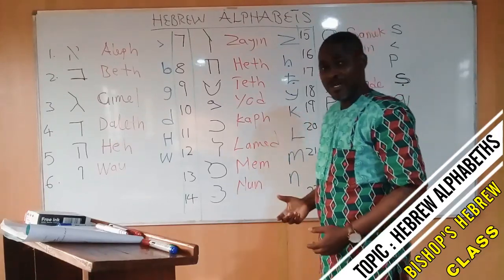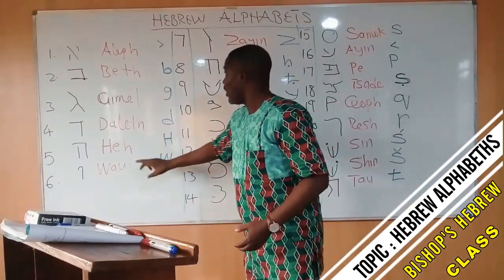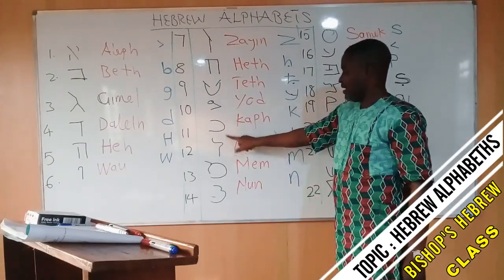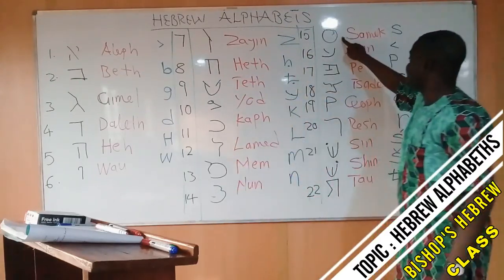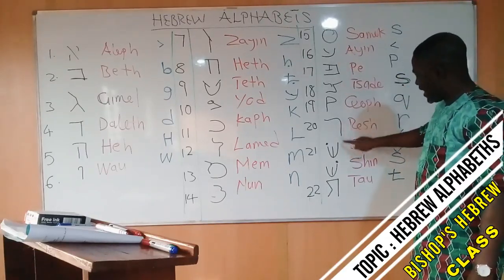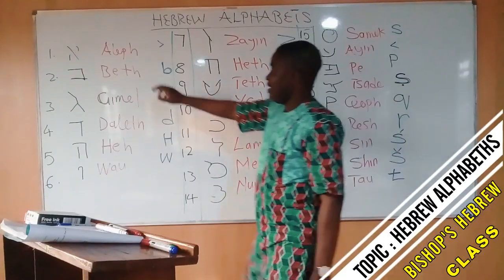Aleph, Bet, Gimel, Dalet, A, Waw, Zayin, Et, Tet, Yod, Kaf, Lamed, Mem, Nun, Samek, Ayin, Pe, Sade, Kof, Resh, Shin, Tau. Let's begin.